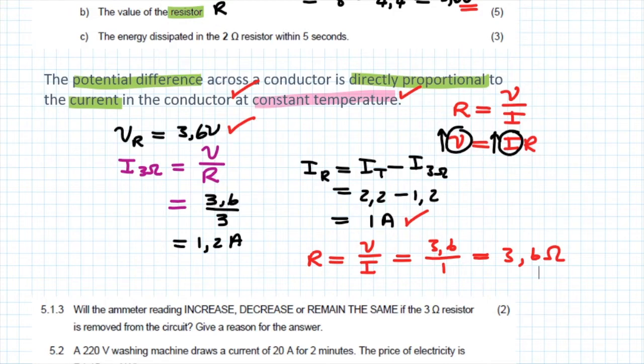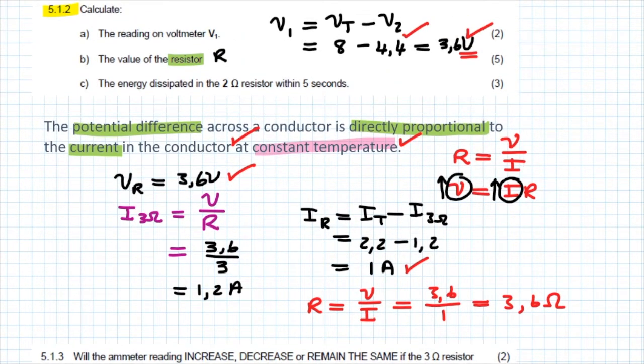Now this question is out of 5 marks, so marks will be awarded as follows. You're going to obtain 1 mark for your substitution when calculating the current through the 3 ohm resistor. 1 mark for your method of calculating the current through resistor R. 1 mark for the Ohm's law equation.